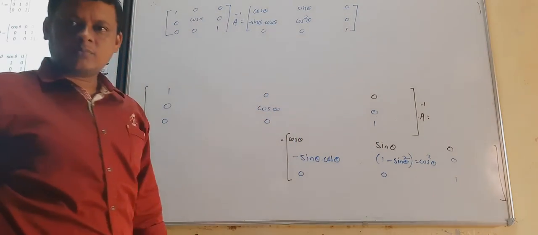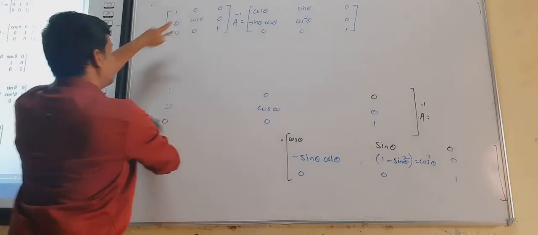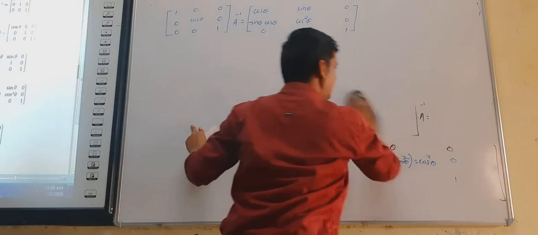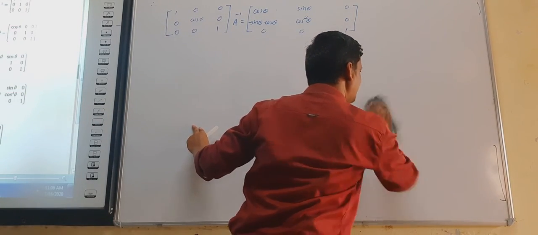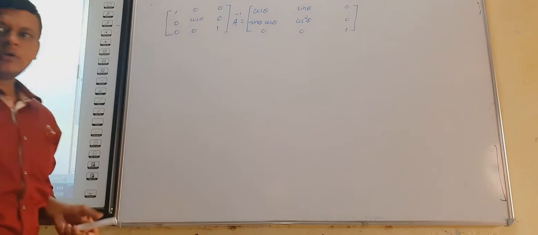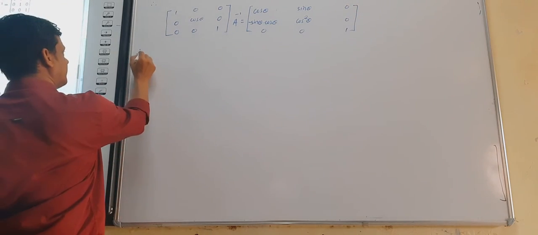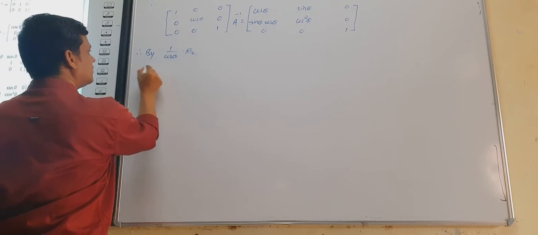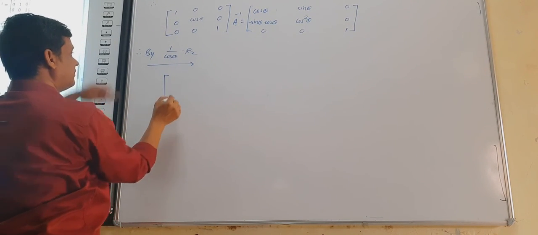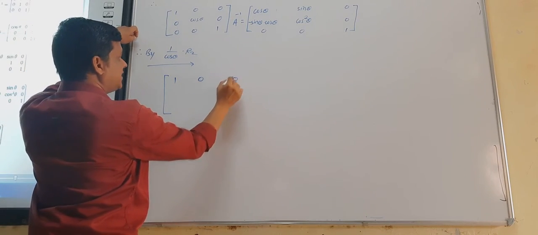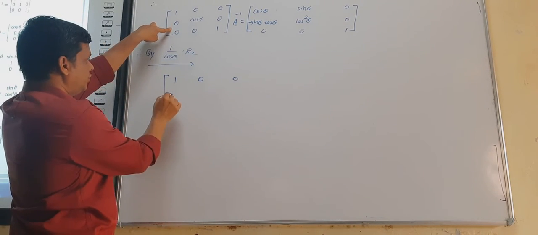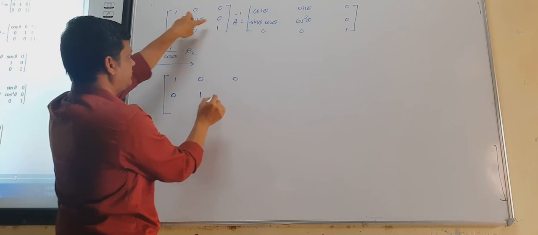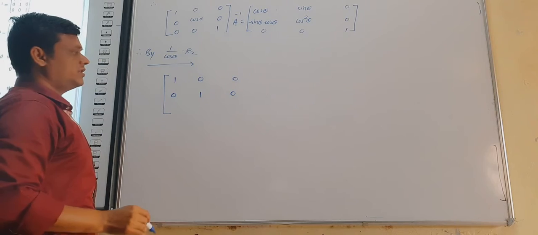Now our aim is to reduce this cos theta to 1. So dividing each element of that row by cos theta, cos theta upon cos theta is 1. Therefore we apply 1 by cos theta into R2. Keep the first row element as it is, 1 0 0. 0 divided by cos theta is 0. Cos theta divided by cos theta is 1. 0 divided by cos theta is 0.